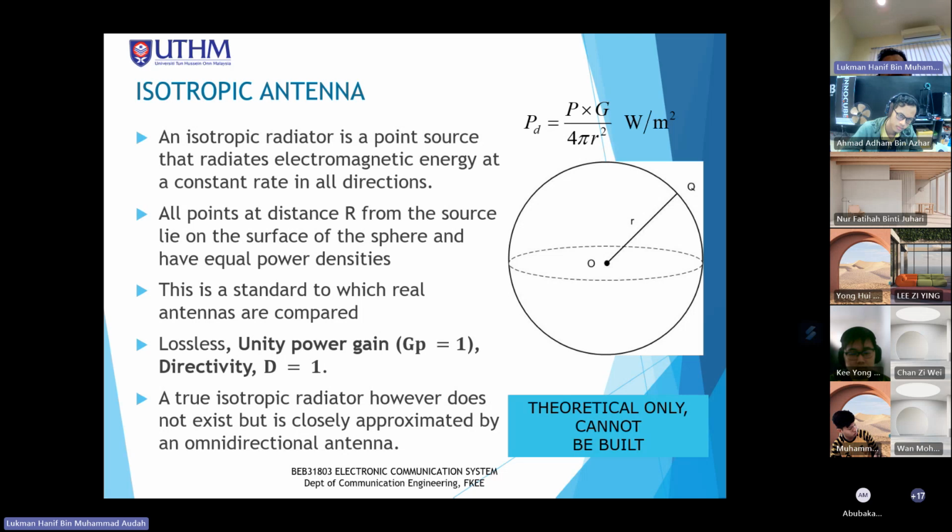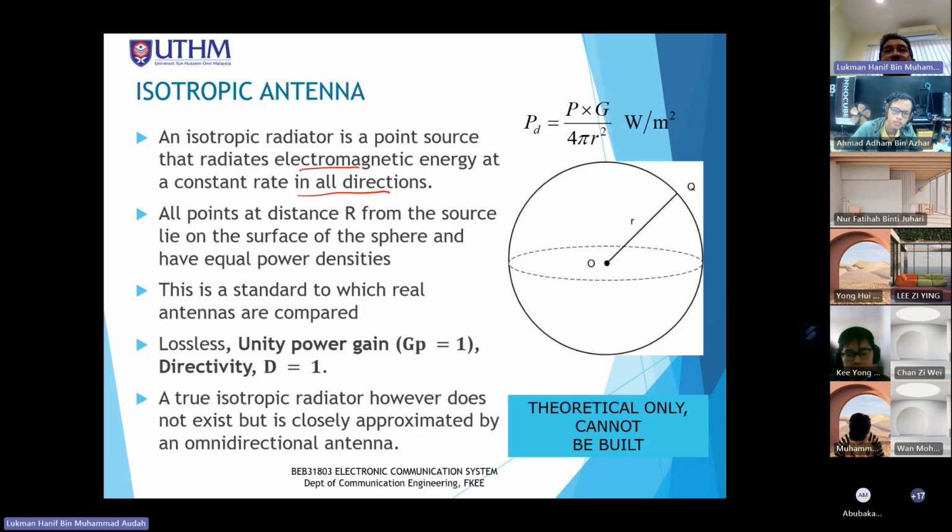And this is the isotropic antenna. An isotropic antenna is a point source that radiates electromagnetic energy at a constant rate in all directions. From this picture, the isotropic antenna is actually a theoretical antenna. It does not exist in the real world.